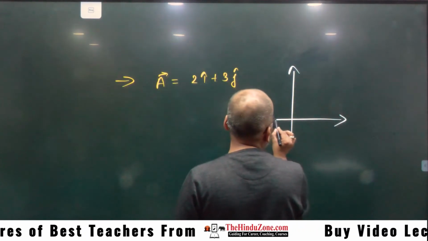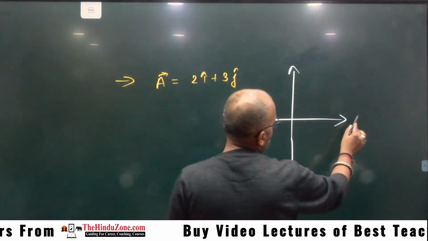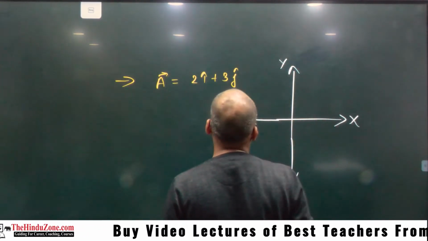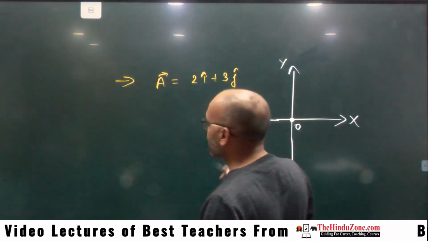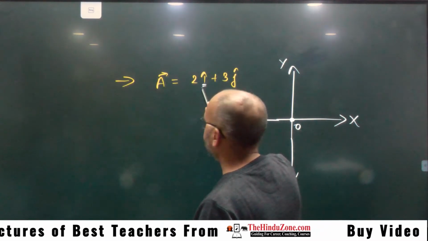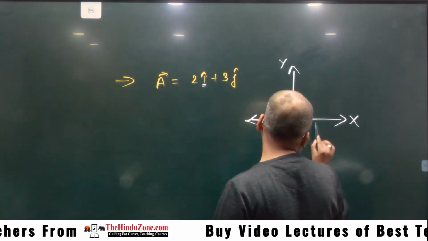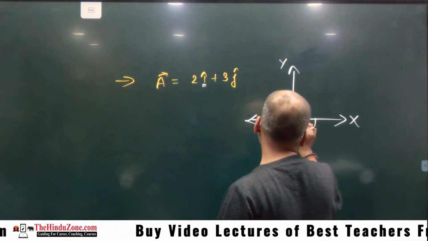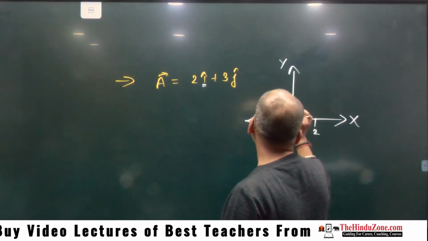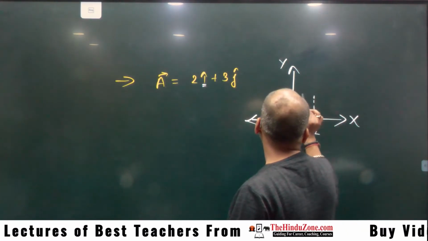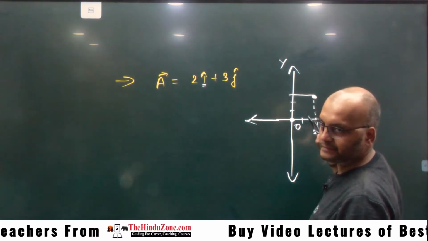Guys, this means that if we draw coordinate axes, that is x and y axis, okay, this is your origin. So from the origin, what is i cap? It gives the direction along the x axis. So 2 units on the x axis, that is 2, yes or no? And 3 units on the y axis. Right? So somewhere here your A is lying.